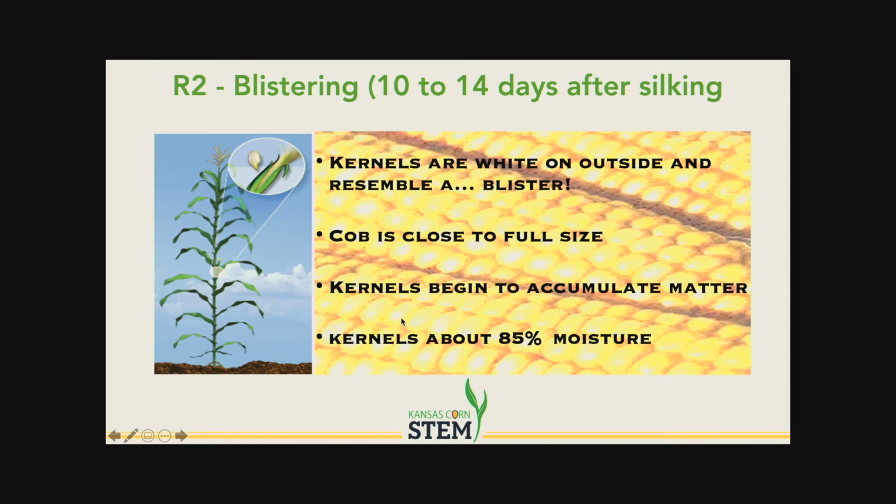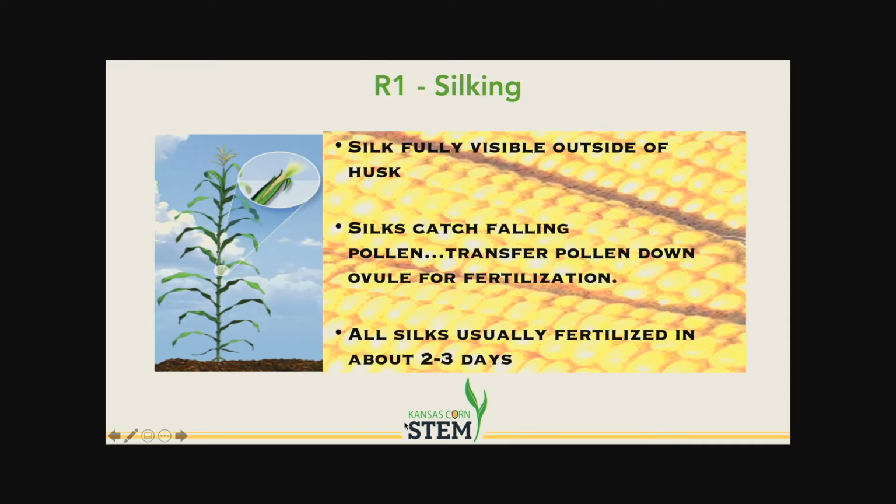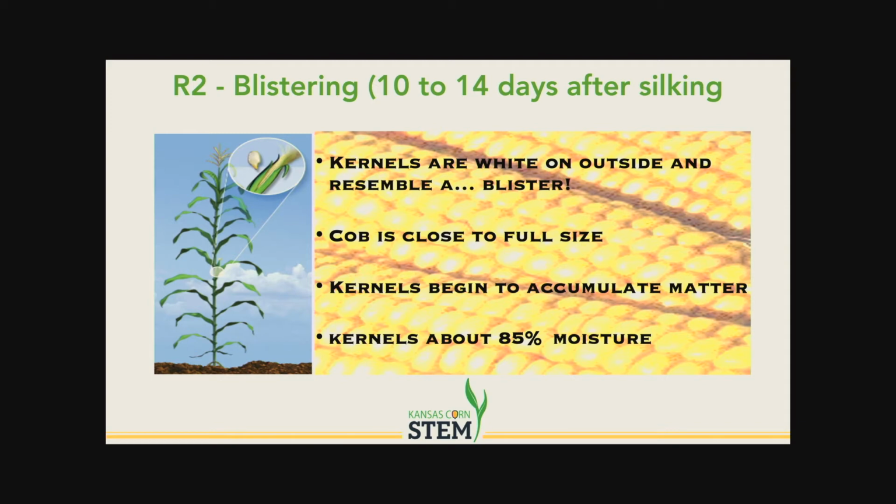And what we end up seeing is as that corn kernel develops, we get into the R2 stage. So I might want to back up right here. That R1 stage is the silking, R for reproduction, right, or the reproductive stage. So this is the first stage in that. The second stage here is the blistering, right? Our corn kernels are actually going to swell up, and they're going to look like blisters. They're white. They're not yellow like you kind of think of a corn kernel.